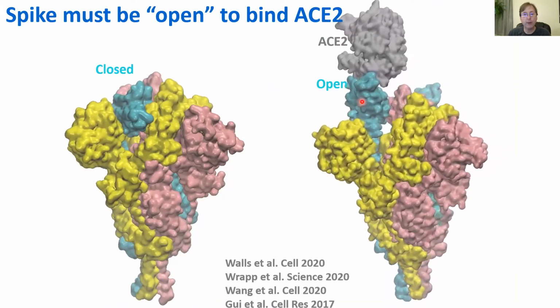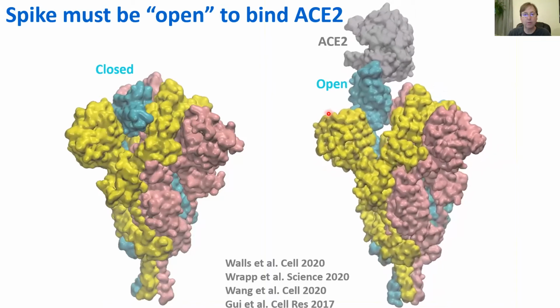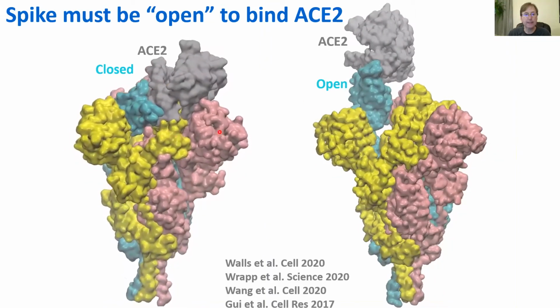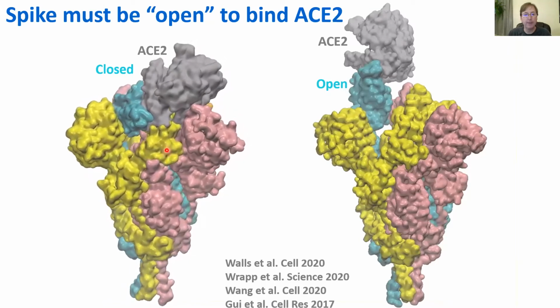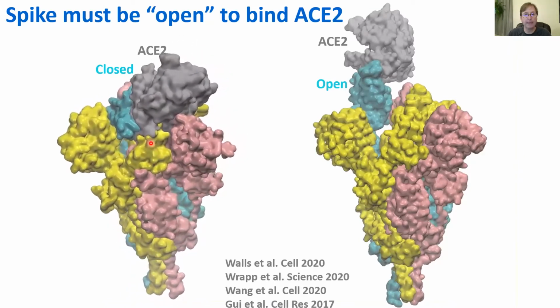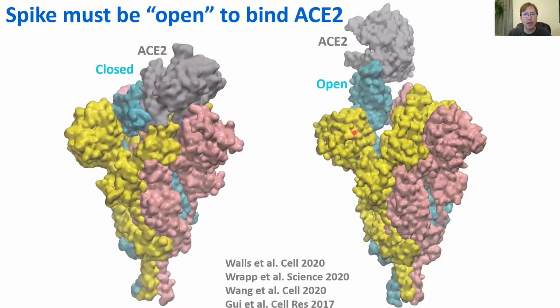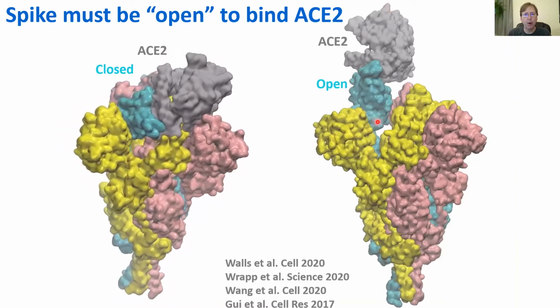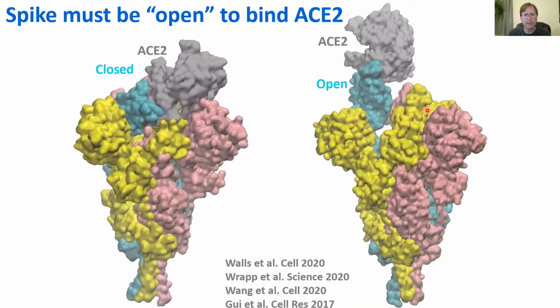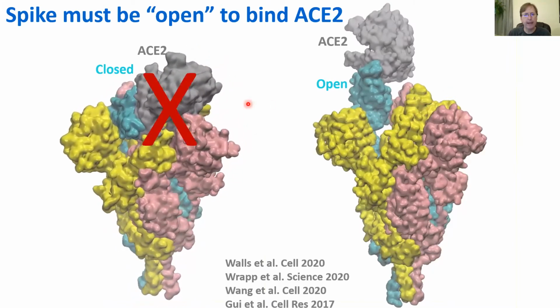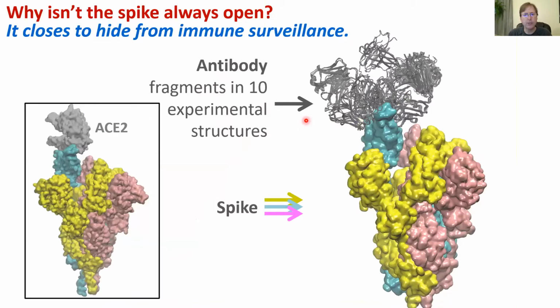You might ask whether it can bind to ACE2 in the closed form, so we can dock the ACE2 on, and there's a steric clash and overlap, so that means that it must open in order to bind to ACE2. Now, it seems reasonable that if its job is to bind to ACE2, that it would be open all of the time so that it could always bind to ACE2. Why would it close? And the answer to that has to do with your immune system.